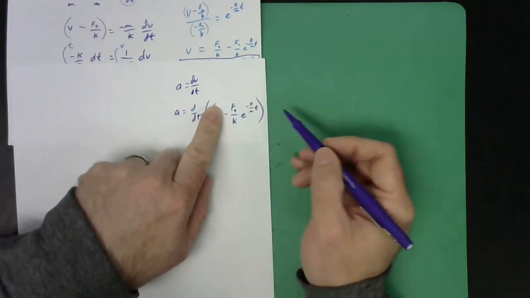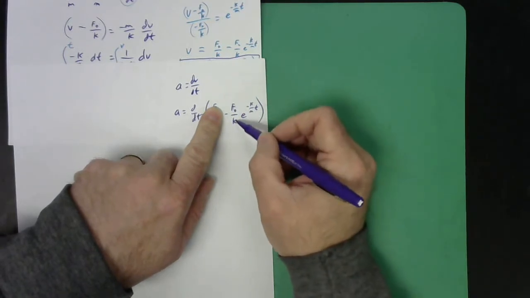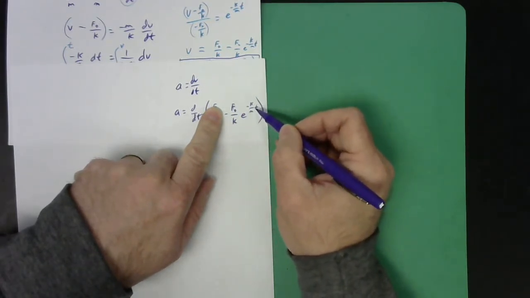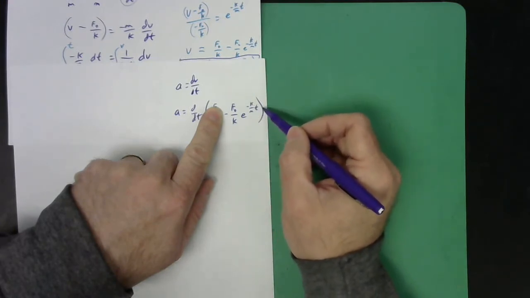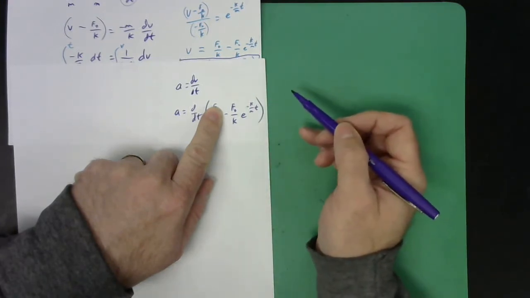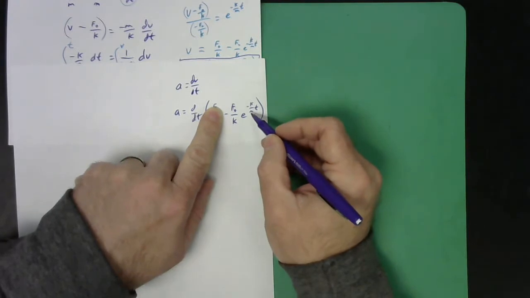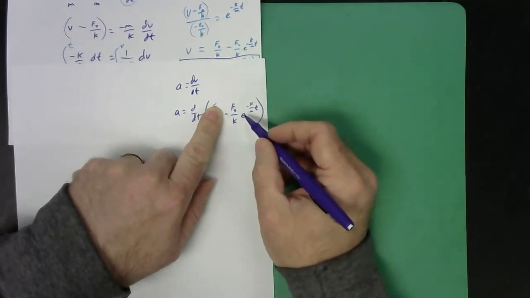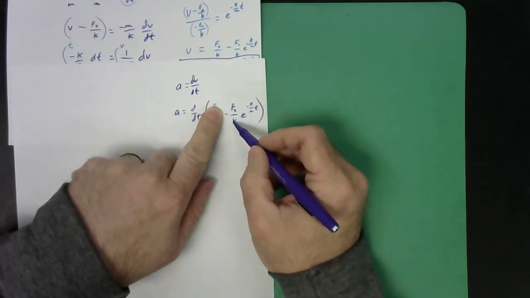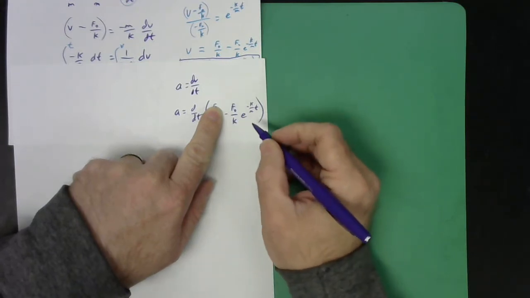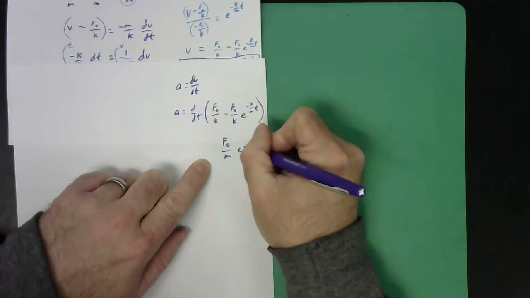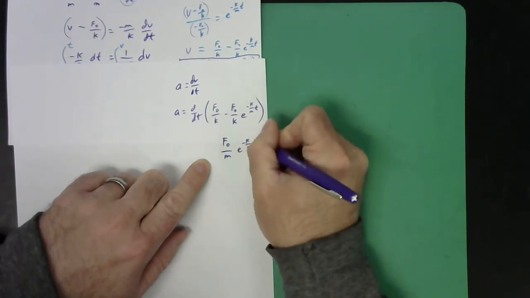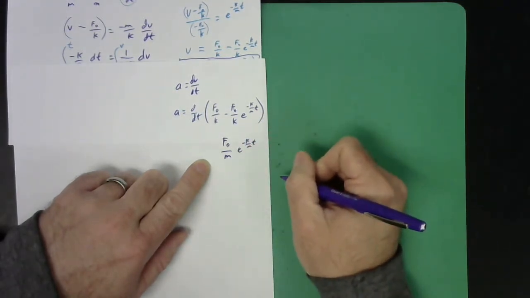So I just want to take the derivative of the exponential. The derivative is just going to be e to the minus K over m t with a minus K over m kicked out in front because of the chain rule. The K on top and the K on the bottom will cancel. The negative will cancel. I'll end up with F naught over m e to the minus K over m t. And that is my derivative.